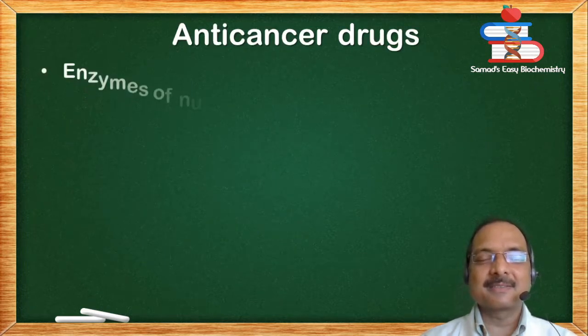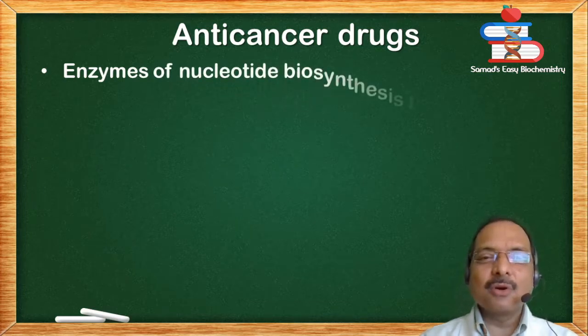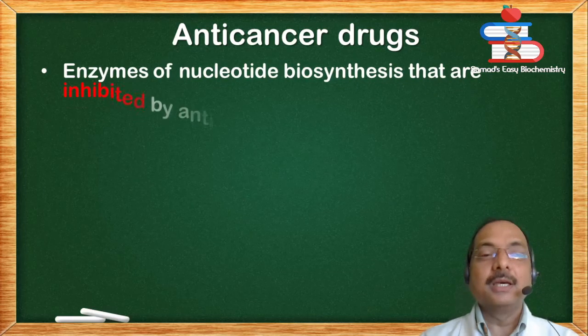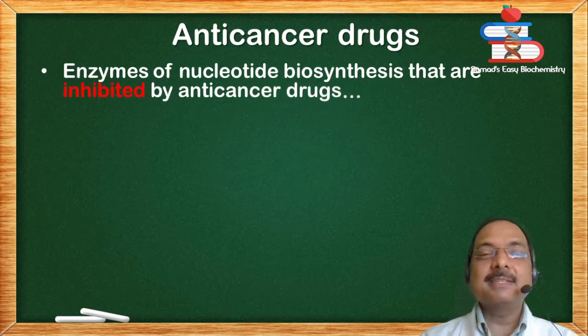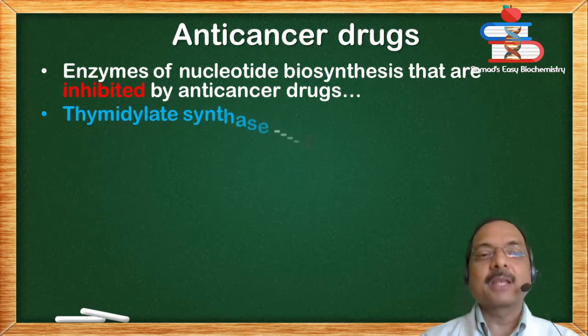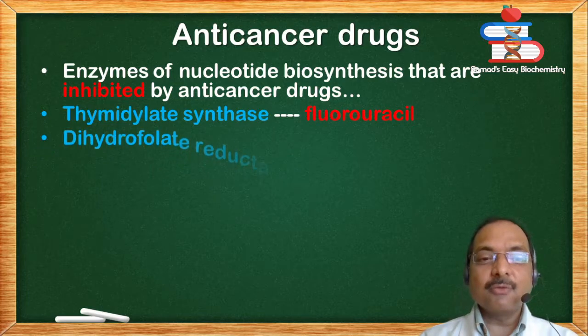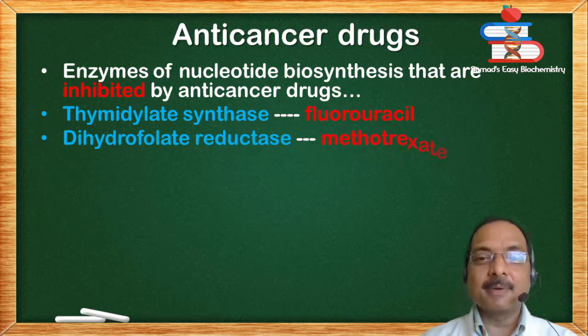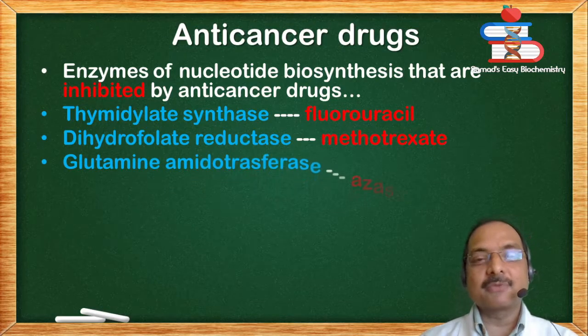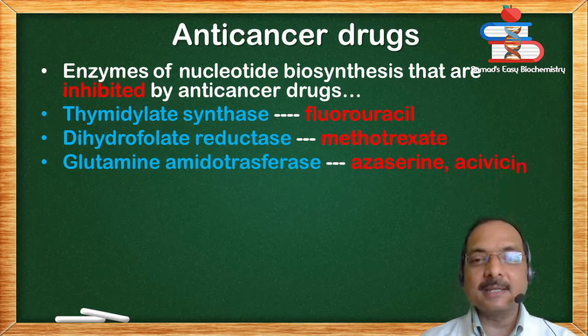Anti-cancer drugs. Enzymes of nucleotide biosynthesis that are inhibited by anti-cancer drugs are thymidylate synthase, which is inhibited by fluorouracil, dihydrofolate reductase, inhibited by methotrexate, and glutamine amidotransferase, which is inhibited by azaserine and acivicin.